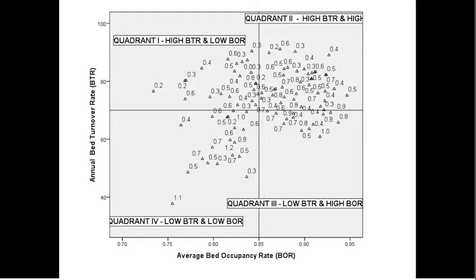As I was telling you before, if you draw a horizontal line starting at the second quintile for BTR, and another vertical line at the third quintile for bed occupancy, you have 4 quadrants. The first quadrant is a high bed turnover but low BOR, similar to the situation, for example, of a hospital having a lot of pregnancy.